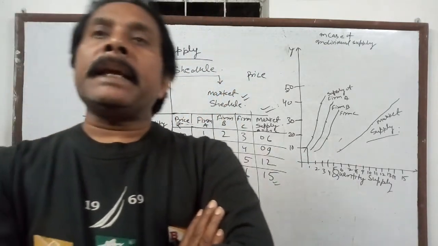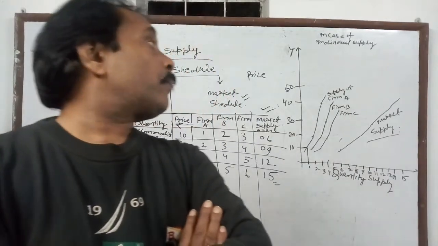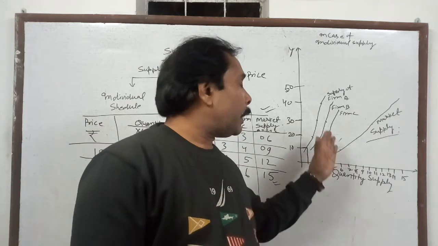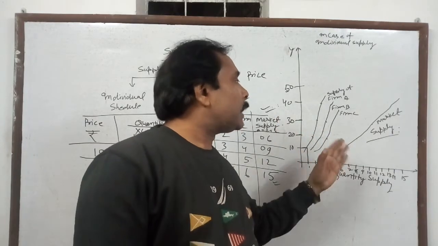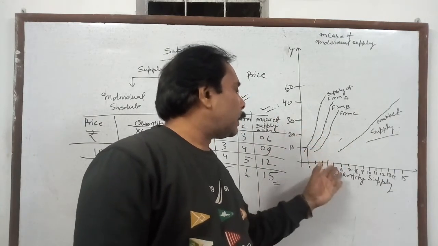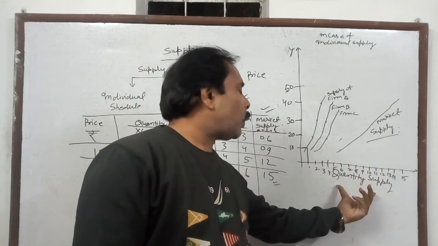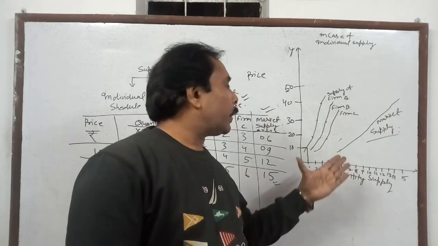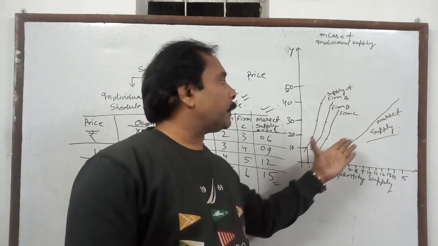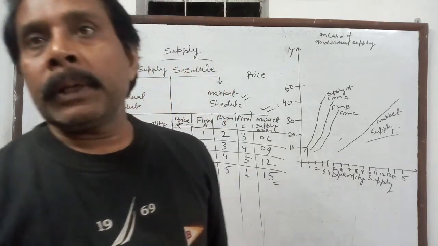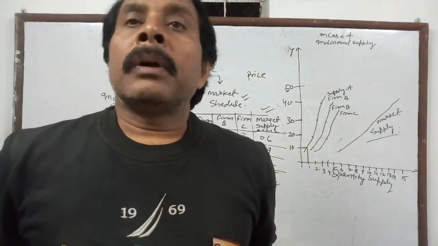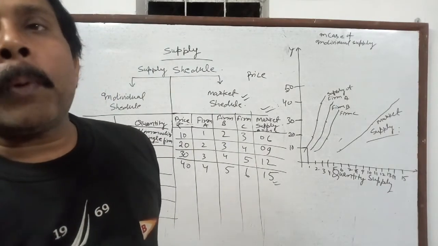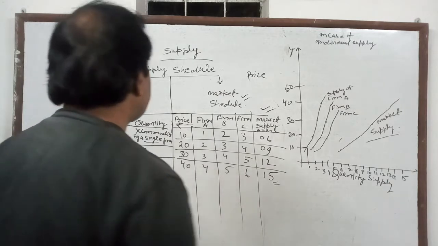So here we can say the market supply is flatter than the individual supply, and we can also say as the price increases, the supply of the same commodity by the different firms increases. As a result it has become flatter. Is it clear? Now come to the next topic, and that is known as slope of supply curve.